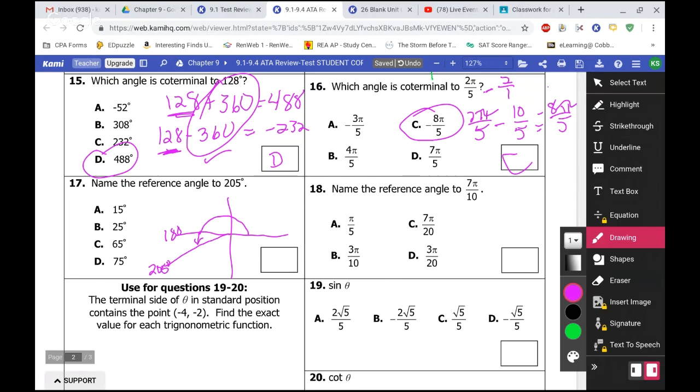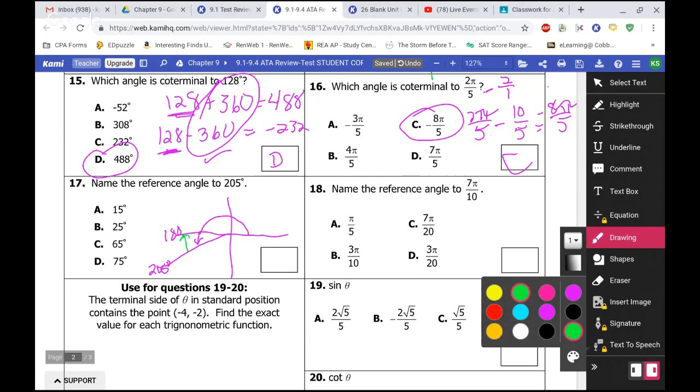Roughly. So what that means is I am looking for the shortest distance back to the x-axis. If I went all the way over to here, that would definitely be over 90 degrees, wouldn't it? Yeah. So I'm looking for that shortest distance back to an x-axis.